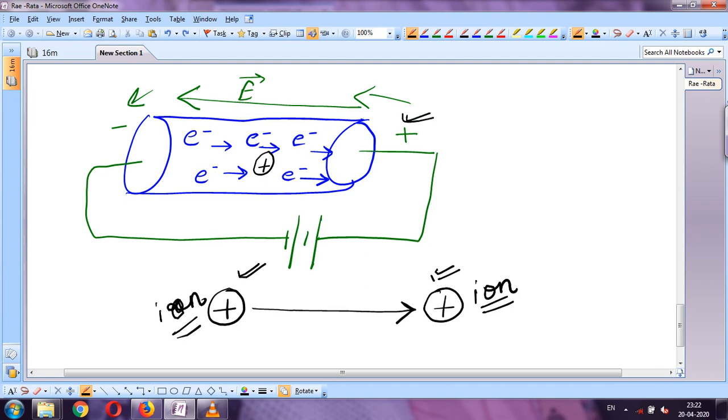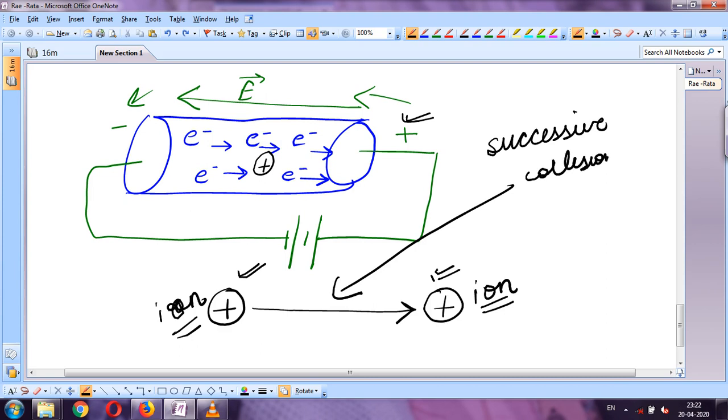Now the time which the electron has taken between two successive collisions, that time is called relaxation time.